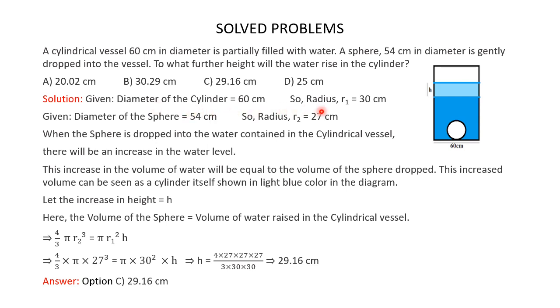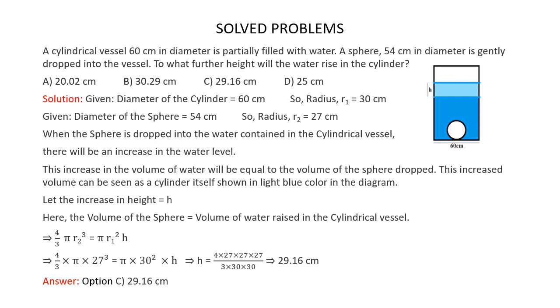So radius of the cylinder R1 would be equal to 60 divided by 2, that is 30 centimeters. It's given that diameter of the sphere is 54 centimeters, which means radius R2, the radius of the sphere, would be equal to 54 divided by 2, that is 27 centimeters.